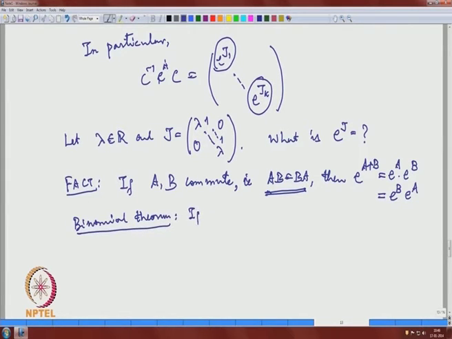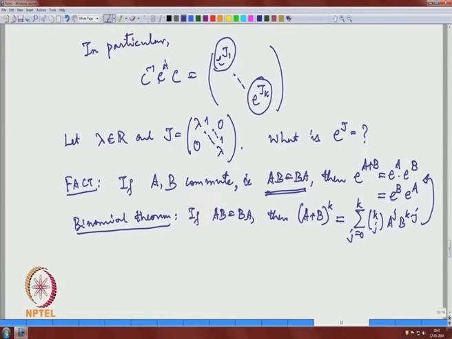So, if AB equal to BA, then (A plus B) to the k is the summation over j of k choose j, A to the j, B to the k minus j, j equal to 0 to k. This you can easily prove by induction, and which in turn gives this. That is the only thing involved.